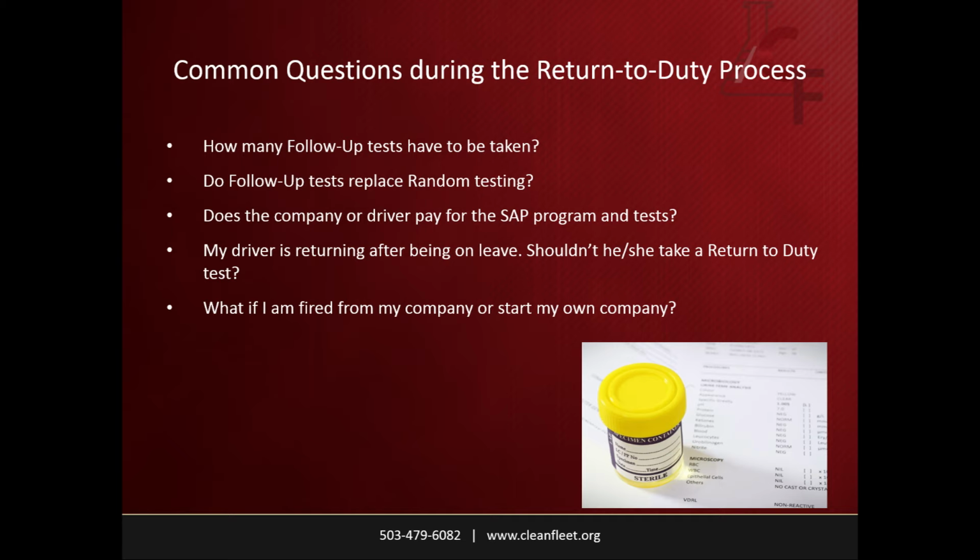The follow-up test does. Does the company or driver have to pay for the SAP program and test? It's important to note that employers are not required to provide a SAP evaluation or any subsequent recommended education or treatment for an employee.